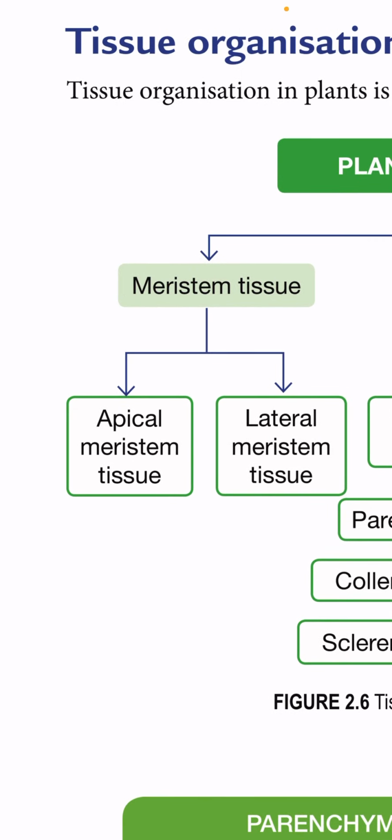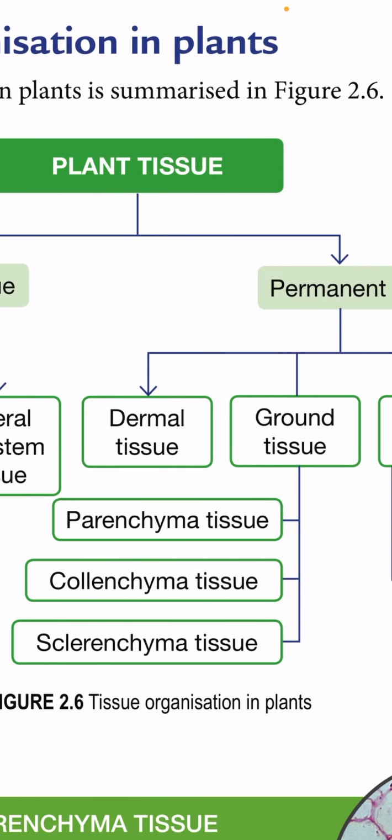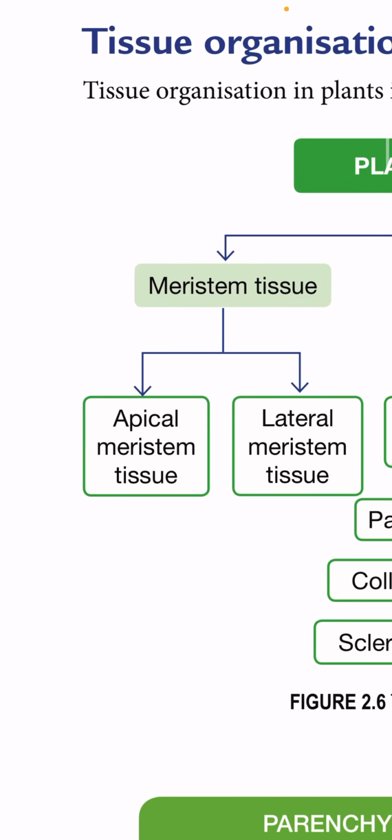This one is meristem. Meristem is basically a fresh, young, actively dividing cell. It is the opposite of permanent tissue. Meristem tissue is actively dividing, with no special features, no special function. It is just a young, fresh, innocent plant cell.